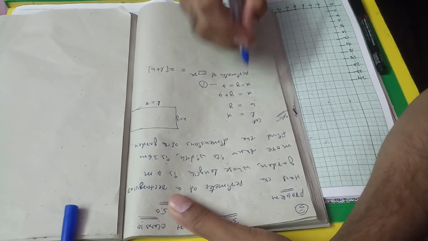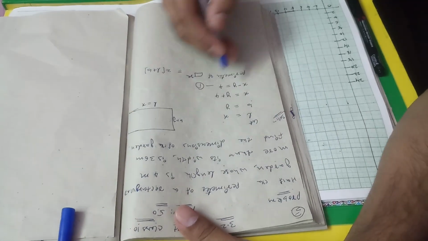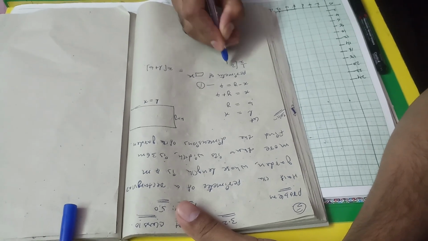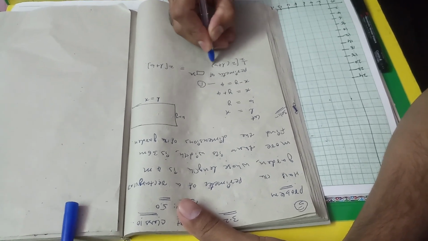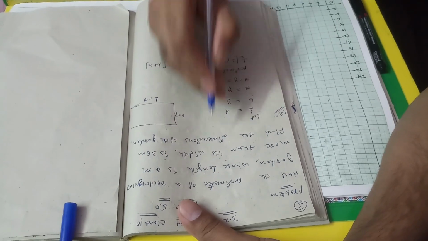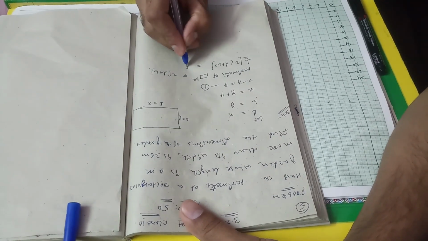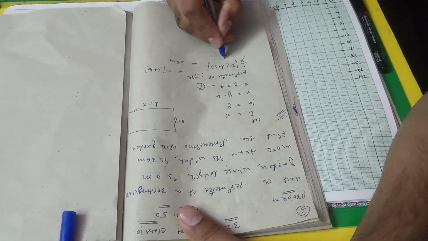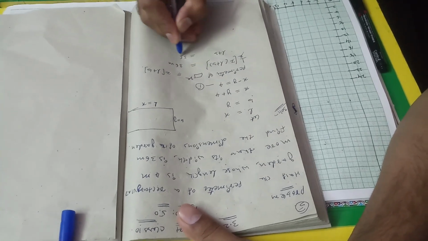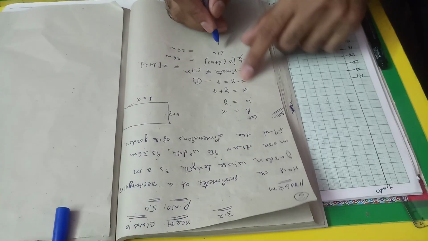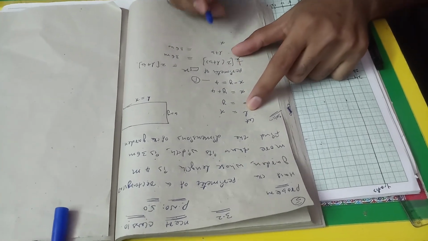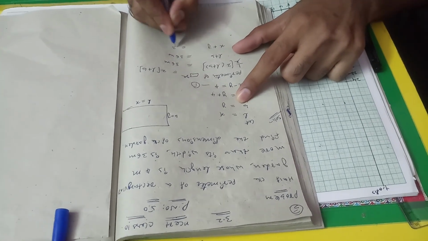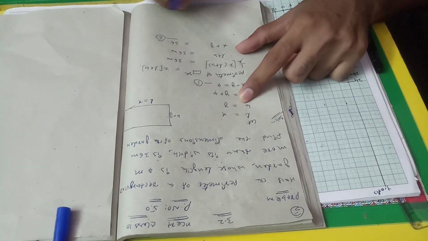Now it says half the perimeter of the rectangle is 36 meters. The 2 gets cancelled. Now L plus B is equal to 36 meters. What we have taken in place of L is x, and B is y, so x plus y is equal to 36. Make it equation number 2.